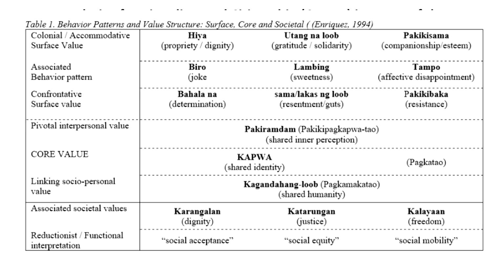You feel nahiya to comment on the government. You have the utang na loob to the government. Something like that. So these are all colonial values that, well, are important values, but it's also important that you go to the lower values here in terms of the Filipino pivotal values of pakiramdam, kapwa, kagandahang loob.